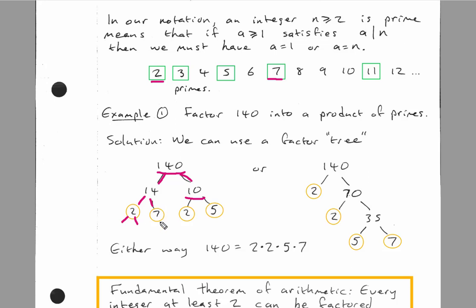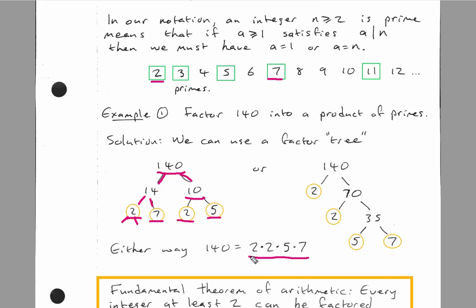On the bottom here, these circled numbers are the prime factors. Putting these together, usually we'll start with the smallest. So we have 2 times 2 times 5 times 7. We've just broken 140 into smallest possible factors.